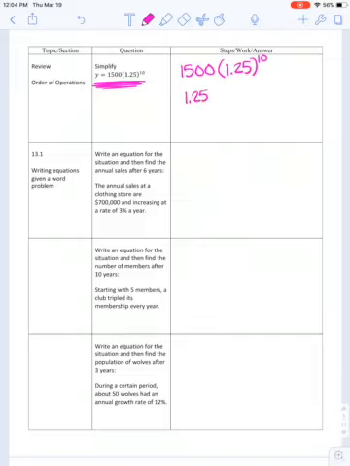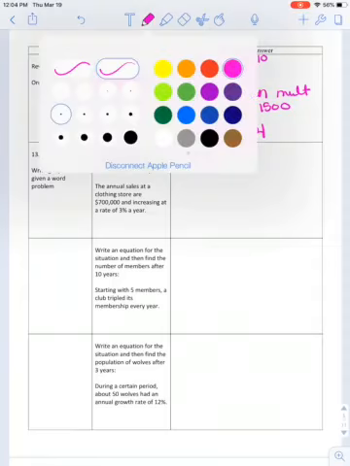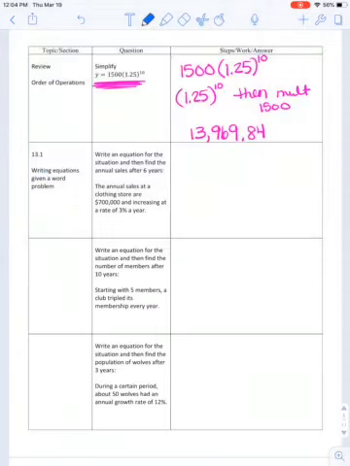Take your 1.25 to the 10th power, then multiply by 1500. If you want to test that out on your calculator real quick, plug it in and see. Your answer that you should get on this is 13,969.84 or something, probably rounded. Okay, give you a second just to check that out.